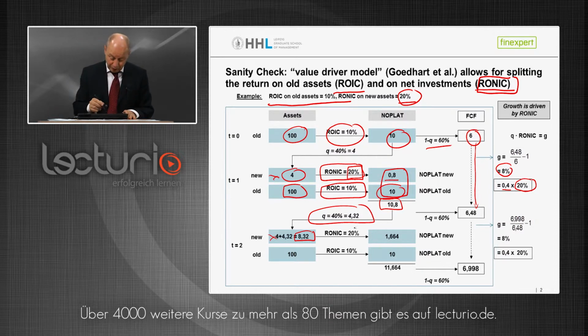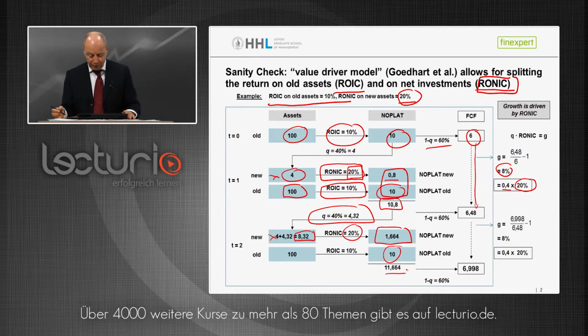Again earning a rate of return of 20%, that yields additional NOPLAT of 1.664, combined with the 10 coming from the old assets, yields NOPLAT of 11.664, and that again yields a growth of 8%, which is again driven by the RONIC and not by the ROIC.